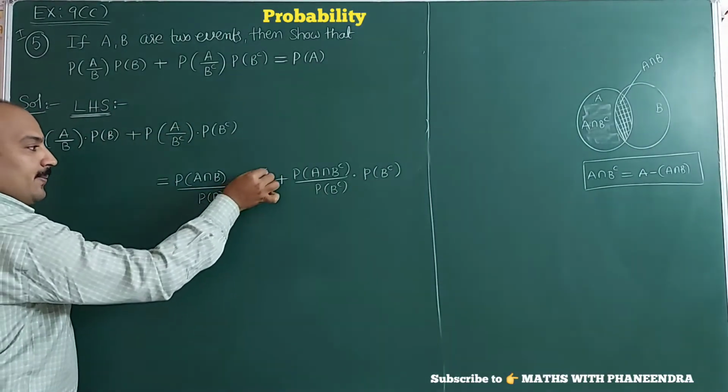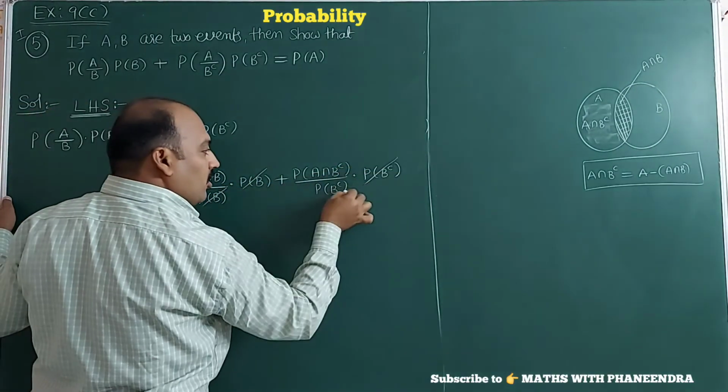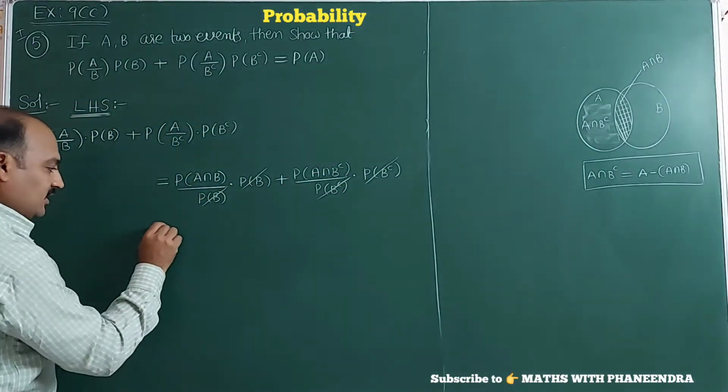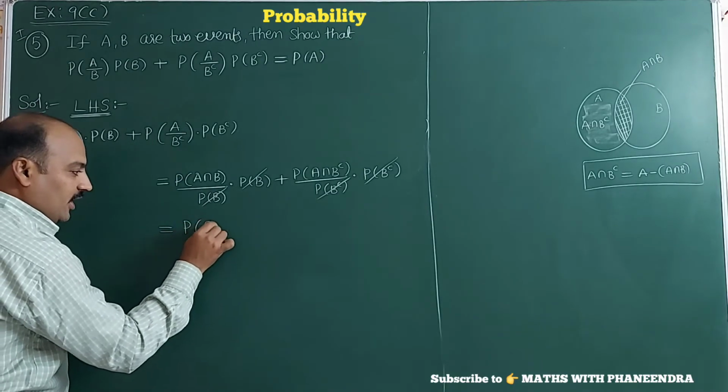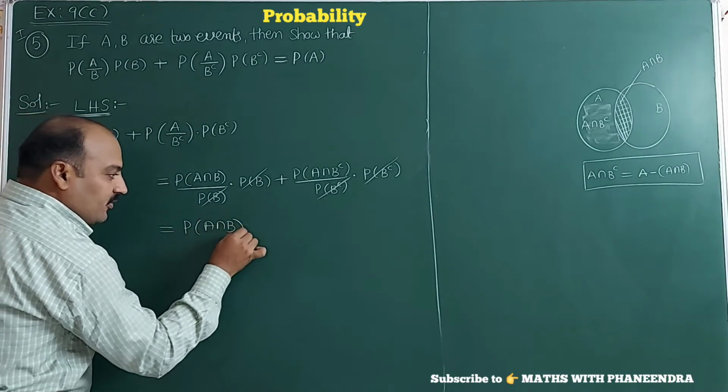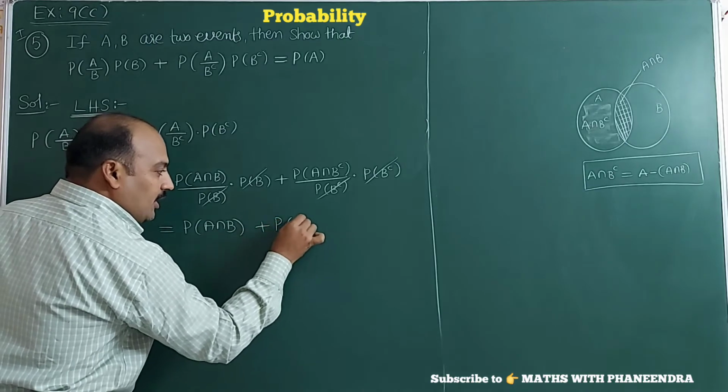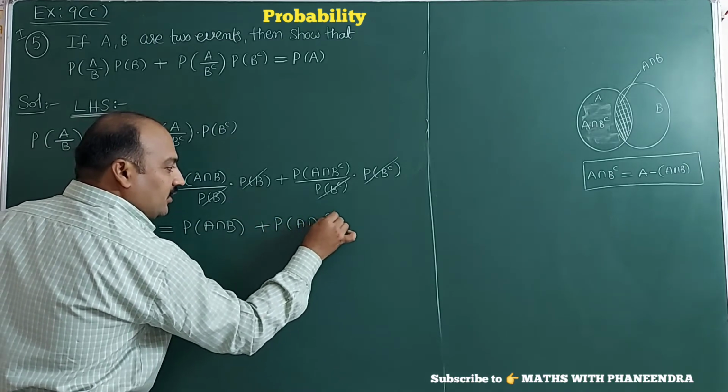So P of B gets cancelled, P of B complement gets cancelled. So we get P of A intersection B plus P of A intersection B complement.